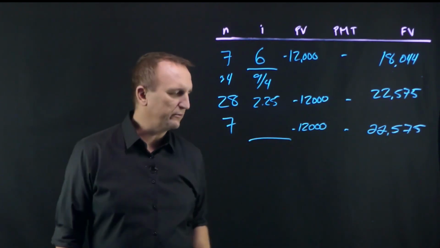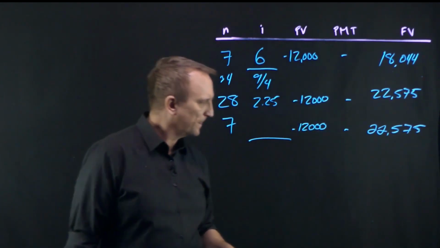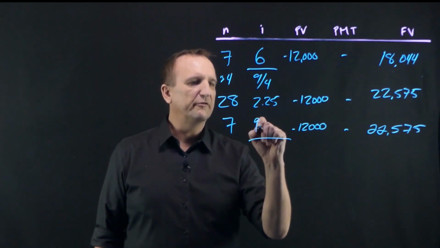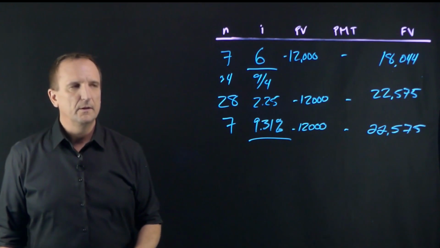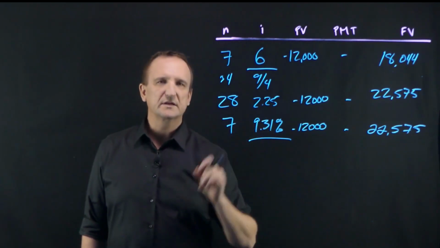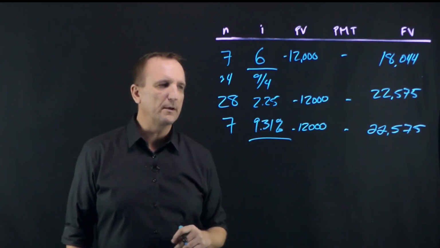And then we would solve. So punching these in the calculator, we get an effective rate of 9.31%. And the quarterly compounding gives us that extra 0.31.